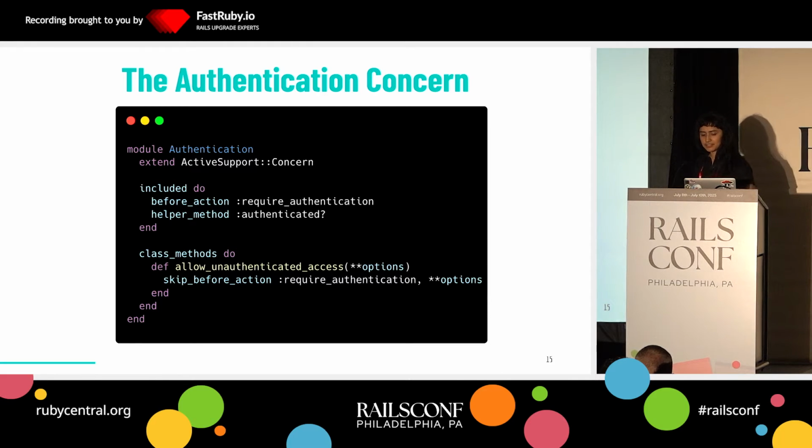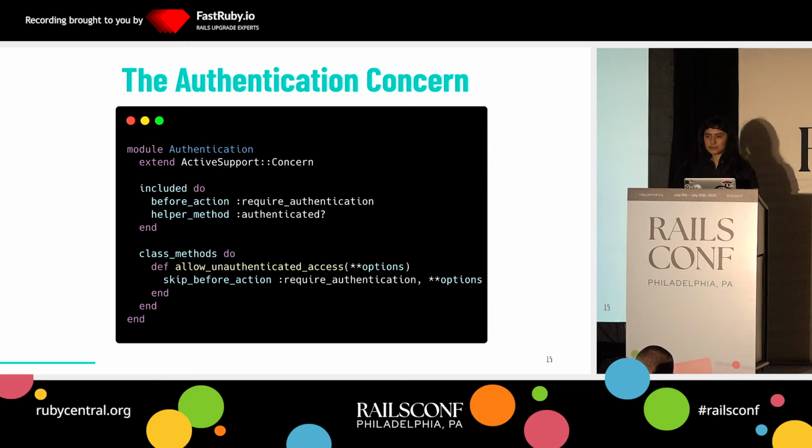This is the authentication concern. As I mentioned, this is included in the application controller, and it centralizes key helpers like allow_unauthenticated_access, which is the new skip_before_action that we were used to with Devise, and a before_action for protected pages.